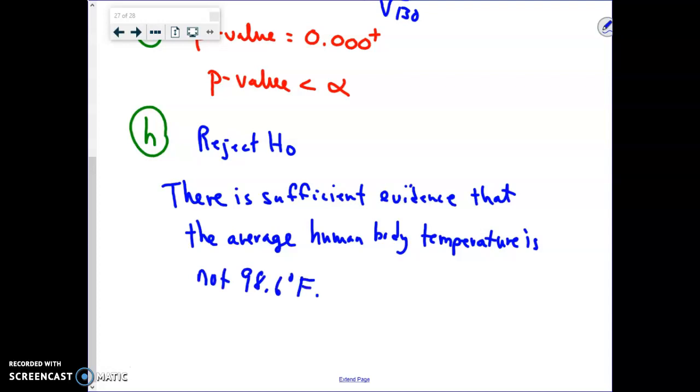Matter of fact, you don't need to write this there, but I'd say there's extremely strong evidence that it's not. It's probably less than 98.6 degrees Fahrenheit, okay?